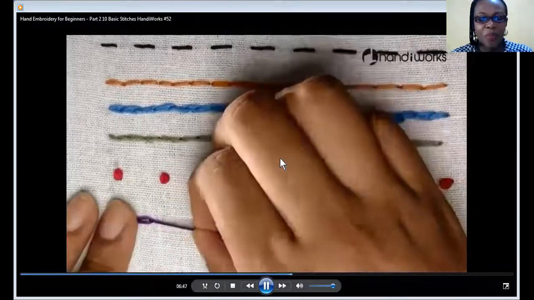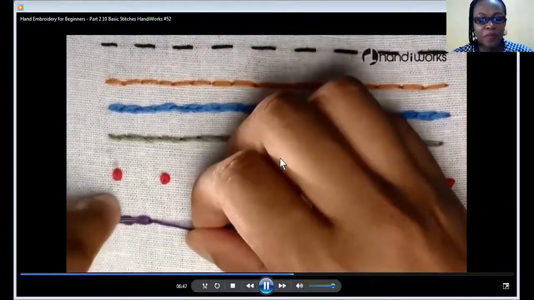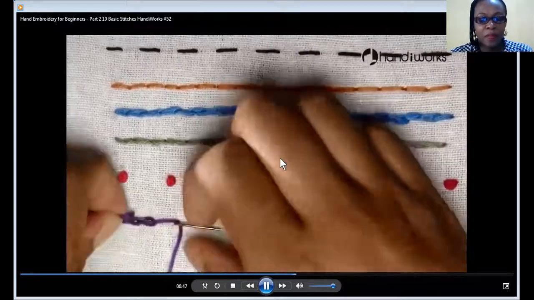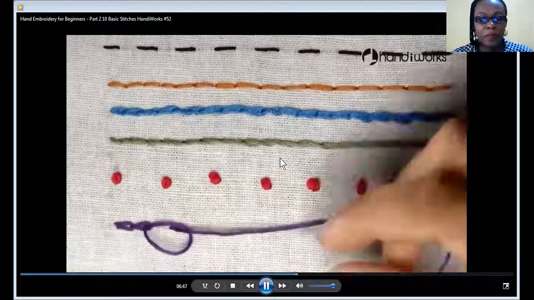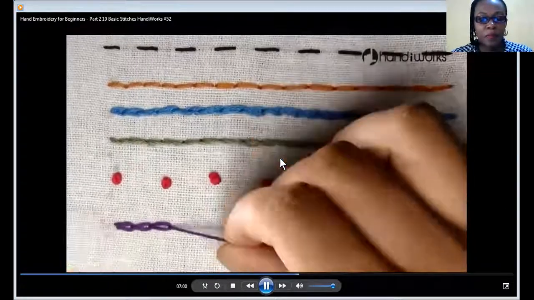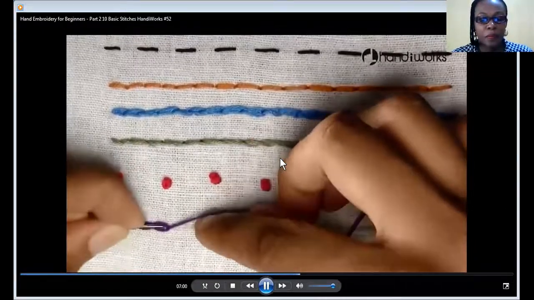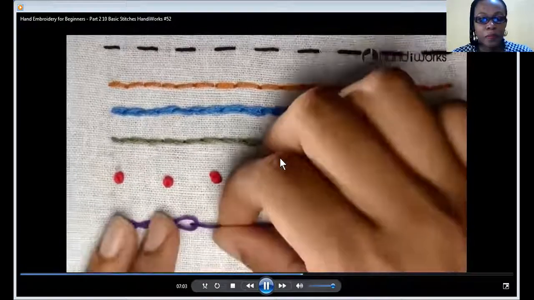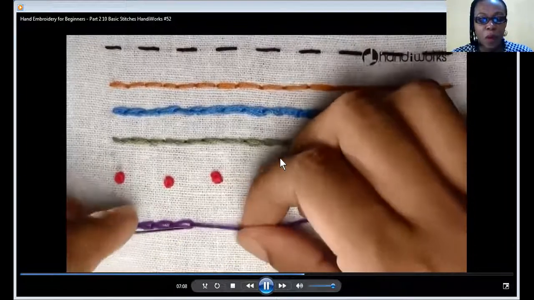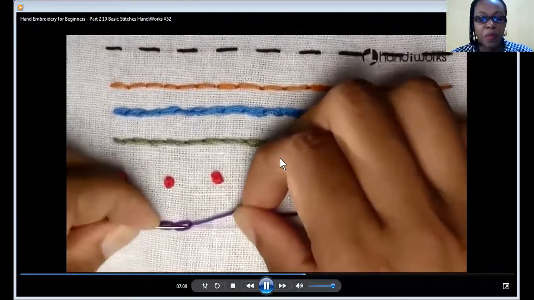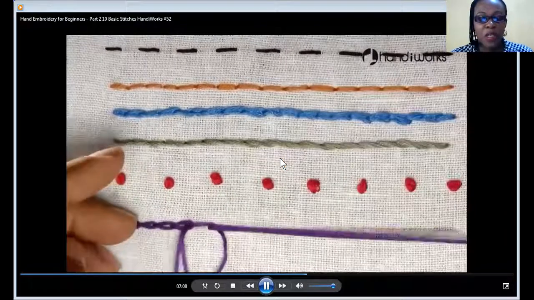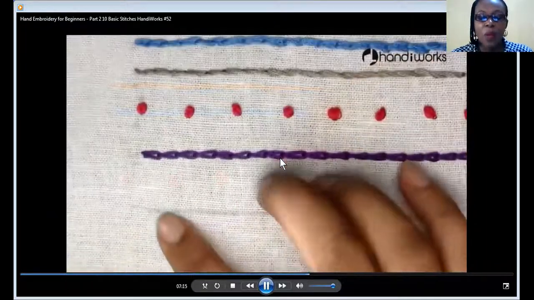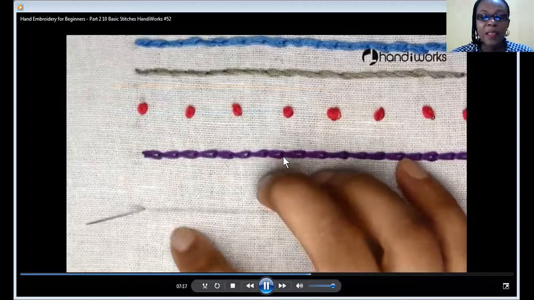This is very simple. Still doing the work. Chain stitch.